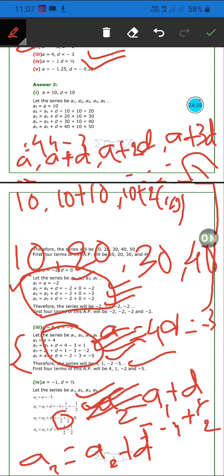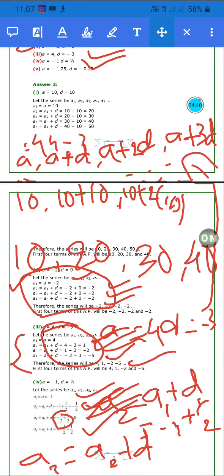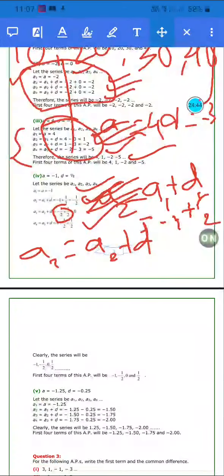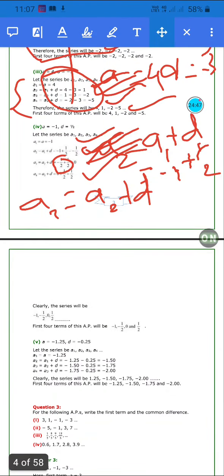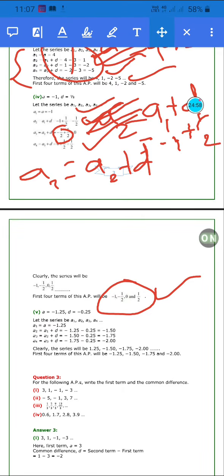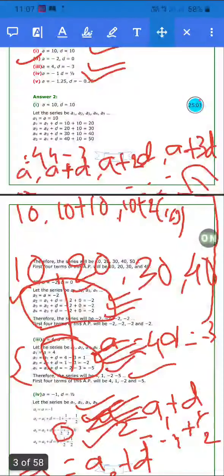So what are the first 4 terms? Observe here: minus 1, minus 1/2, 0, 1/2. These are the first 4 terms. So next, the fifth question. a is equal to minus 1.25, d is equal to minus 0.25. Okay, observe the answer here.